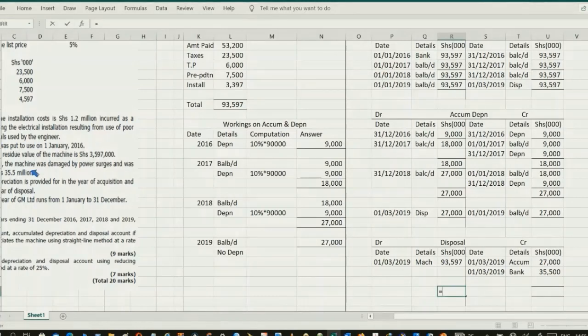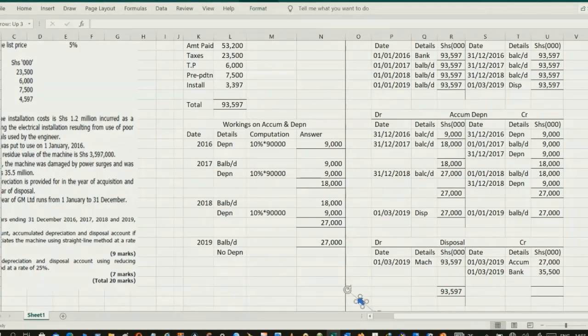And when we add up, we know that the debit side already seems to be greater than the credit side, which implies that there was a loss incurred on selling off this machine.